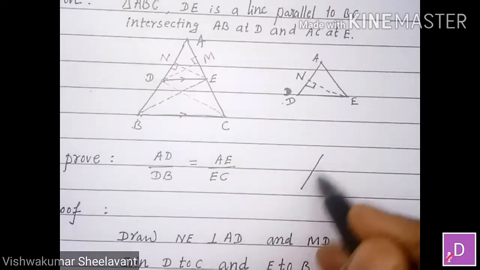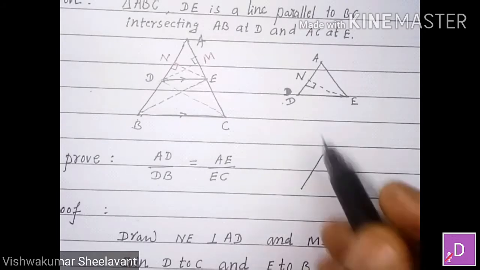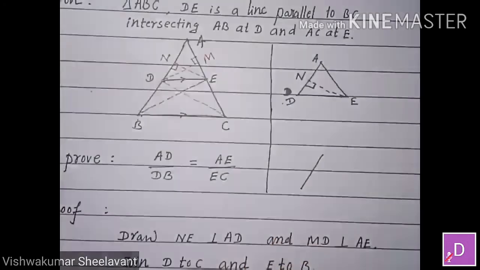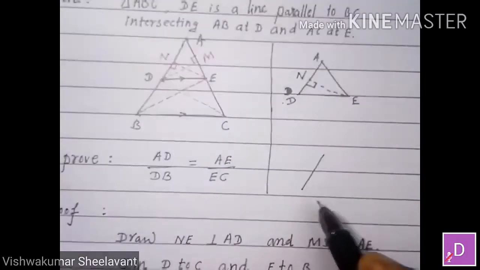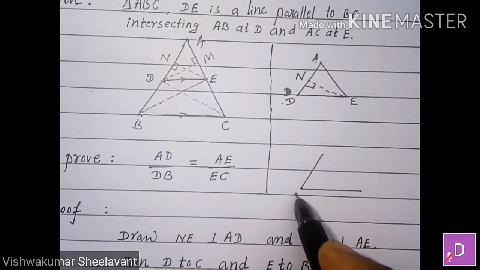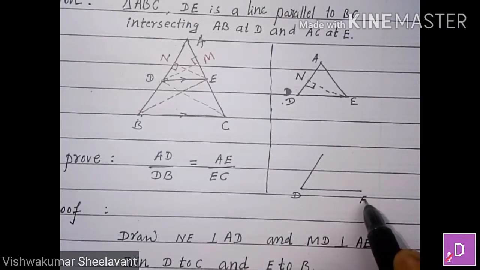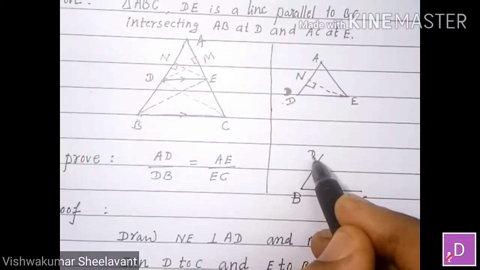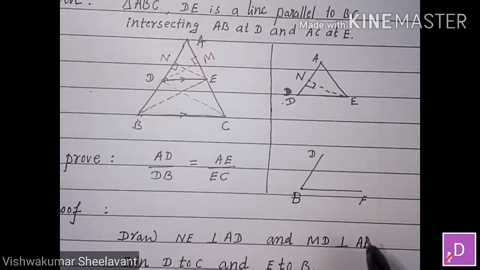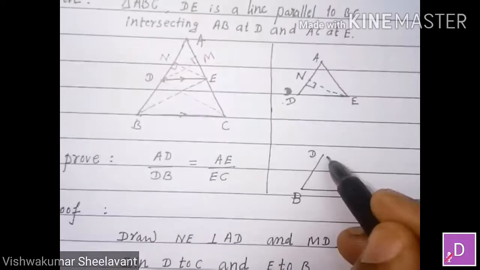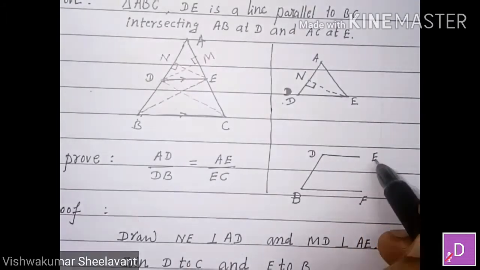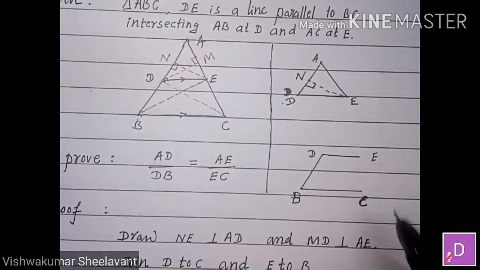You need not draw these in examination. These are for just your understanding. Okay. This is D, I will take this as B here, and I will show here D, and I will take this as E, this is C. We don't want this now, right?